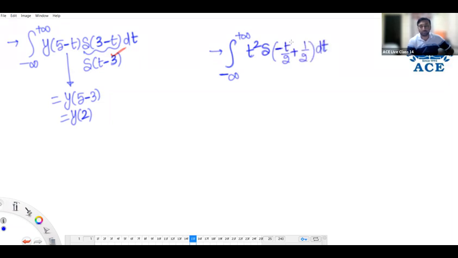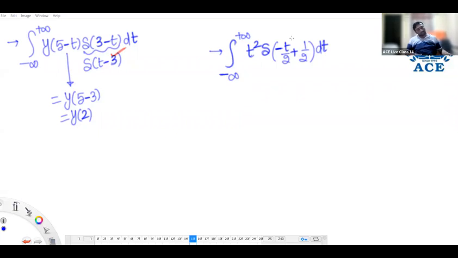Now you think of integral of t square into del of (minus t by 2 plus 1 by 2) dt. Now the impulse contains a scaling term. Be careful.